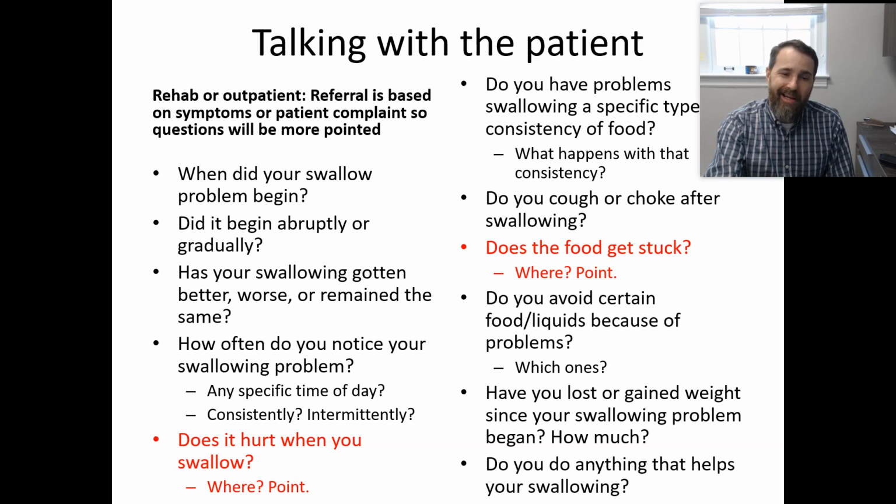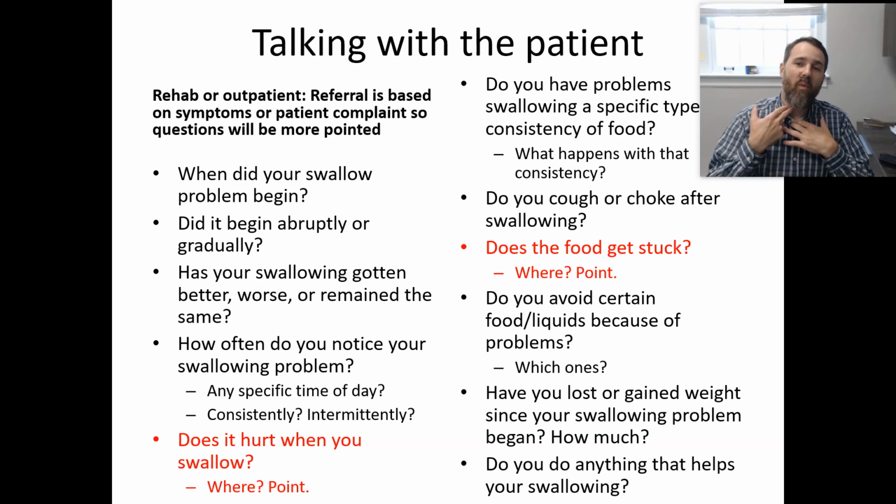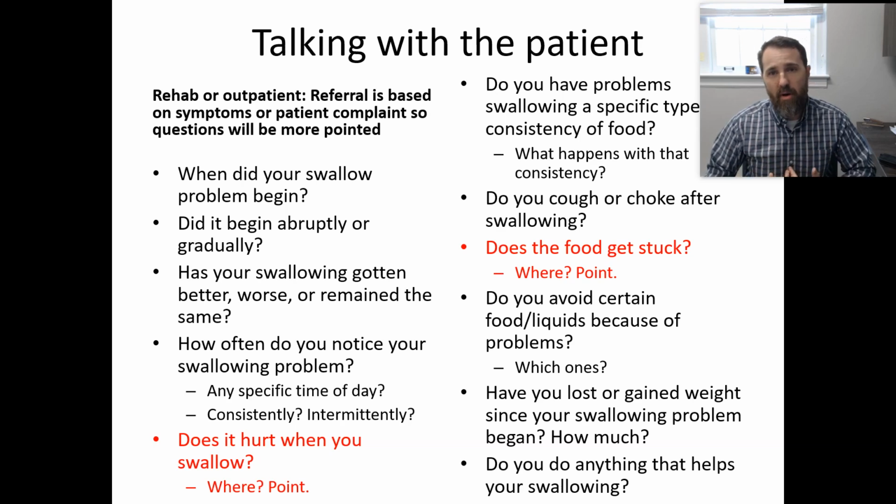You always want to ask the client, does it hurt when you swallow? Or where does the food get stuck? And if so, where? But understand that when they point to where the food gets stuck or where it hurts, that does not necessarily correlate with where the problem actually is.